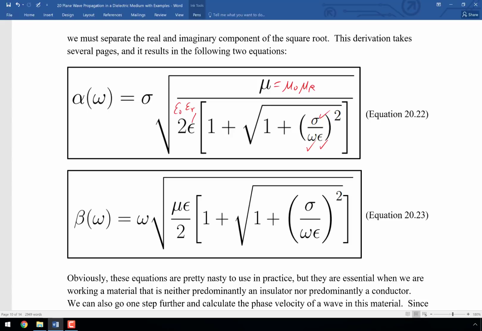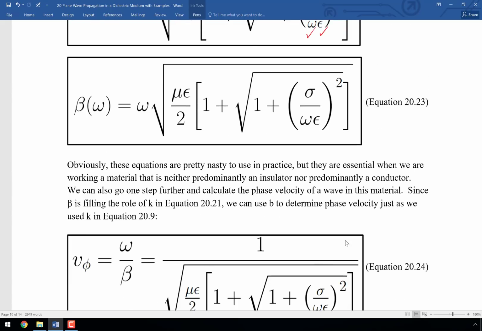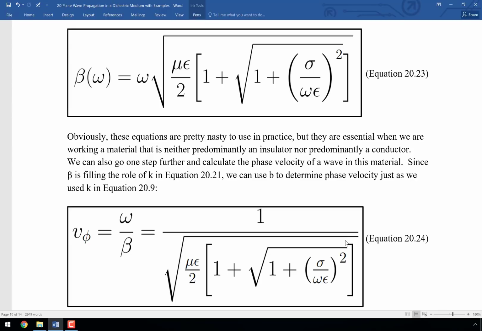And we can go one step further, and that is we can ask, what is the phase velocity? Well, we know that the phase velocity is omega divided by beta, because beta is the new k. Remember that k used to be a description of how quickly the wave oscillated in space.